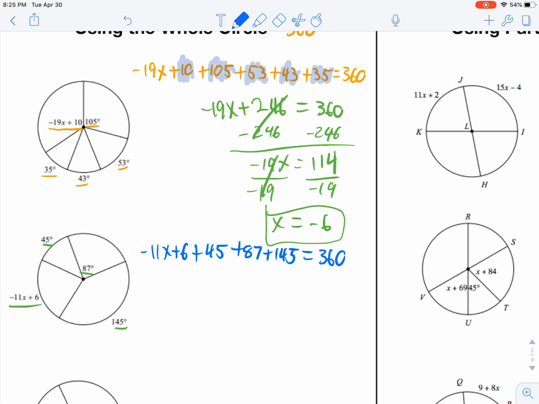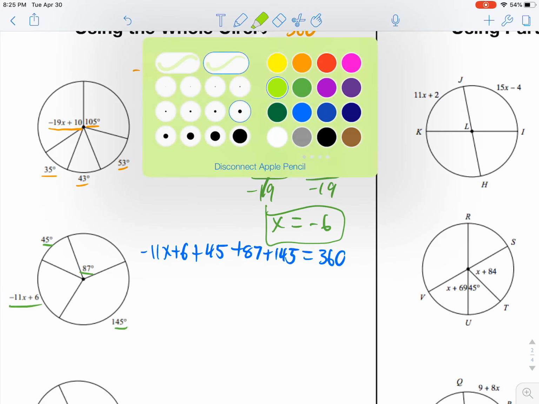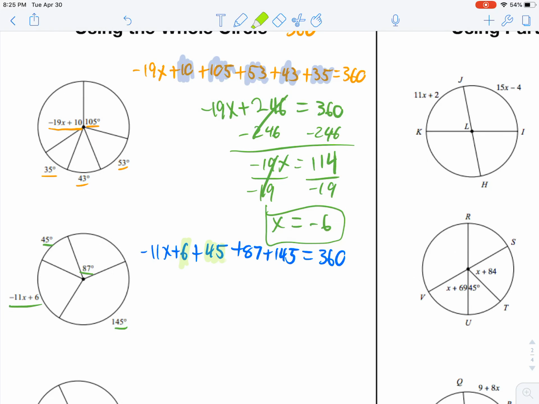So is there anything here that I can put together? There sure is. I got that 6, 45, 87, and 145. Add them all together, and we get 283. So negative 11x plus 283 equals 360.